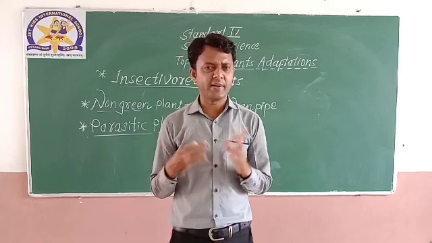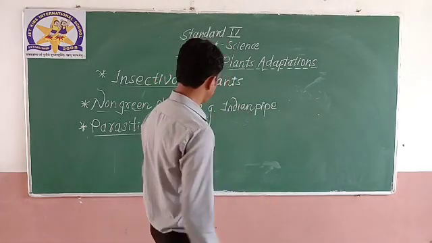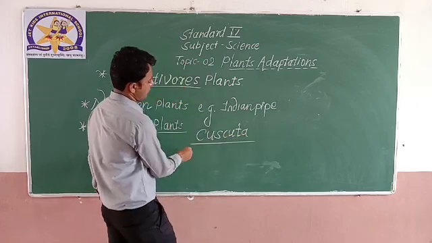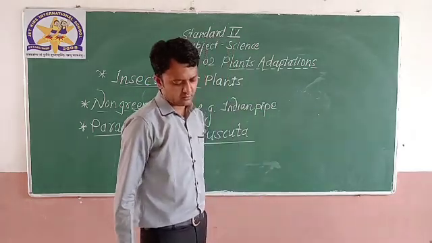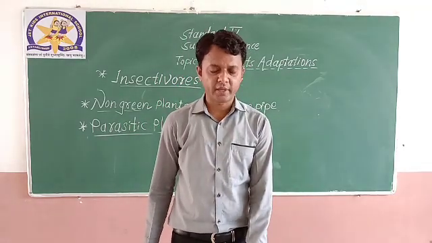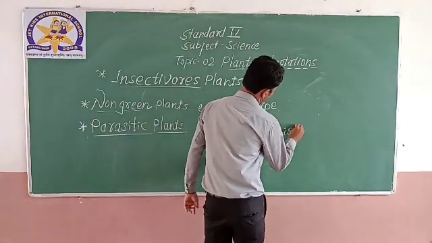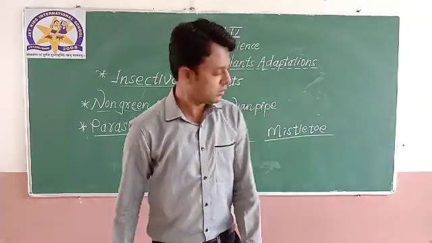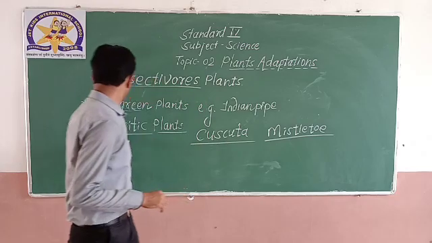Generally, let me tell you first the example: Cuscuta. Cuscuta is an example of such plants, okay? And the second example of these plants is mistletoe. Mistletoe and Cuscuta are examples of parasitic plants.